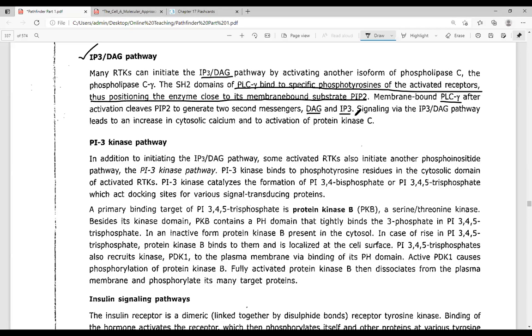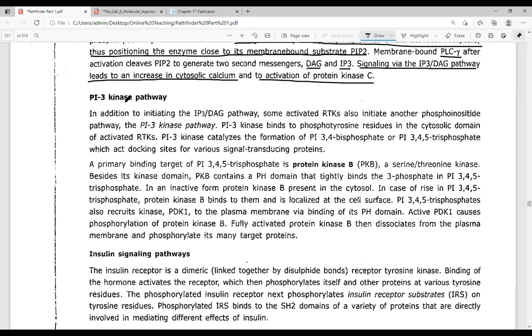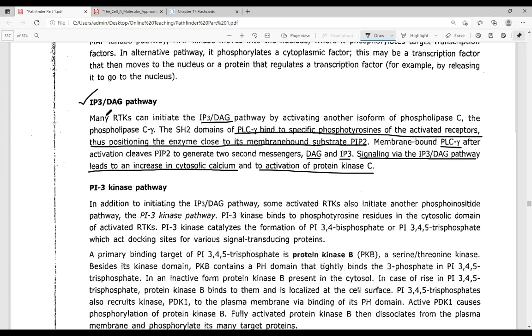Later on, the signaling produced by IP3 and the DAG pathway will lead to activation of several different types of proteins and the release of calcium ions from the cell. This is how the IP3 DAG pathway is functional in the cell.